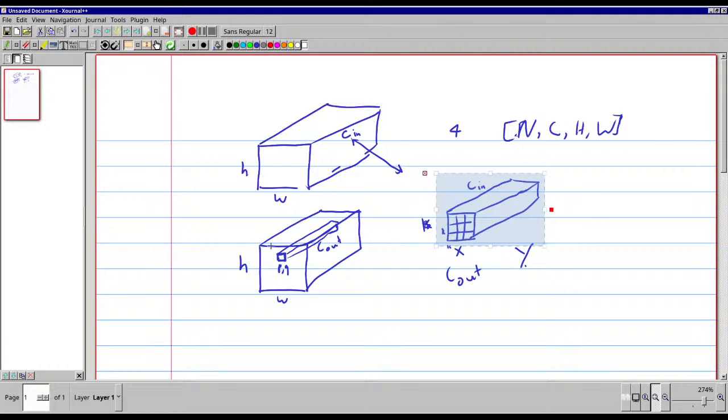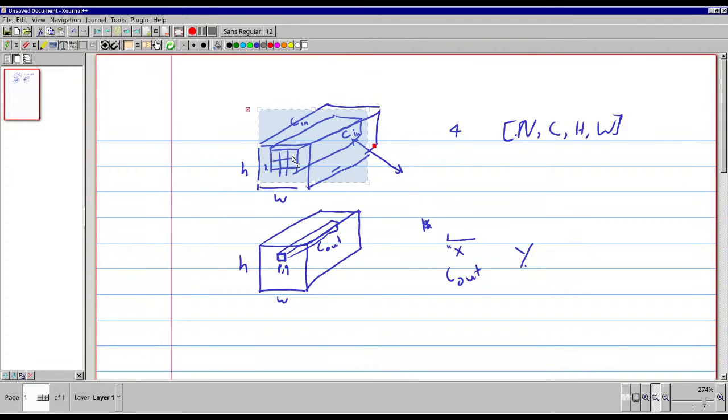So let's say the first output slice, being positioned at P, Q of the input and doing the multiplication. The multiplication just revolves around each index of the spatial part of the filter, taking the vector dot product of this vector in the weights with this vector in the input, and so forth.